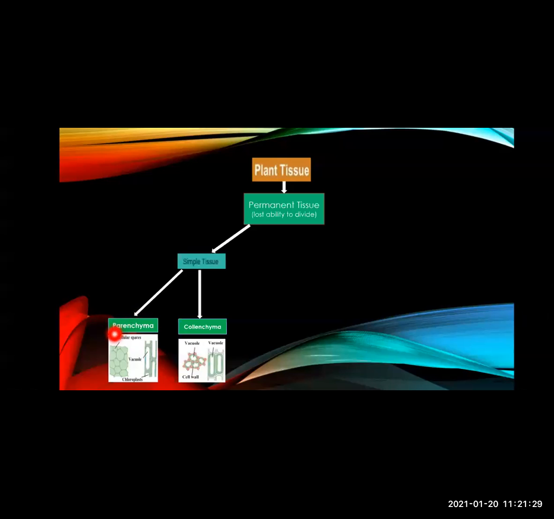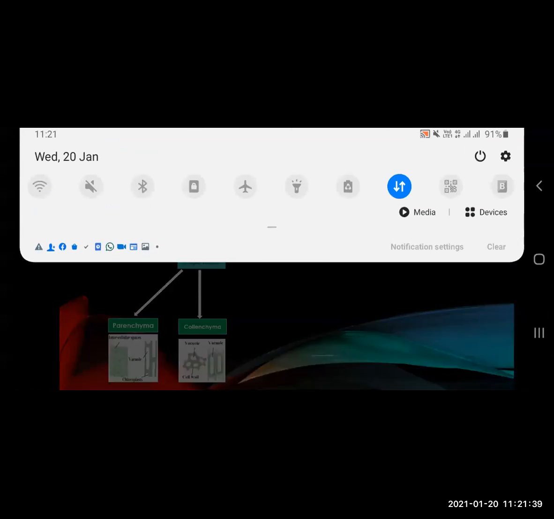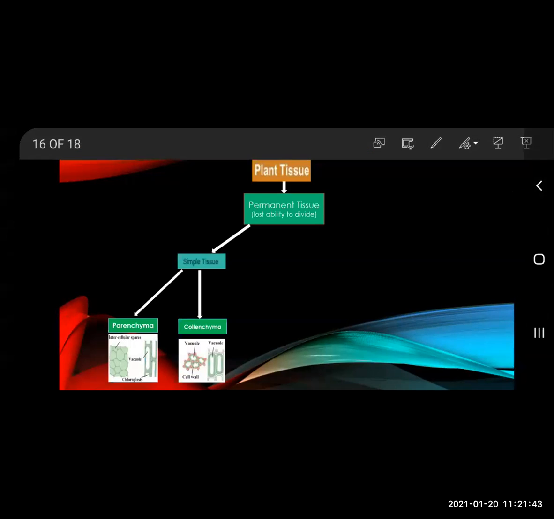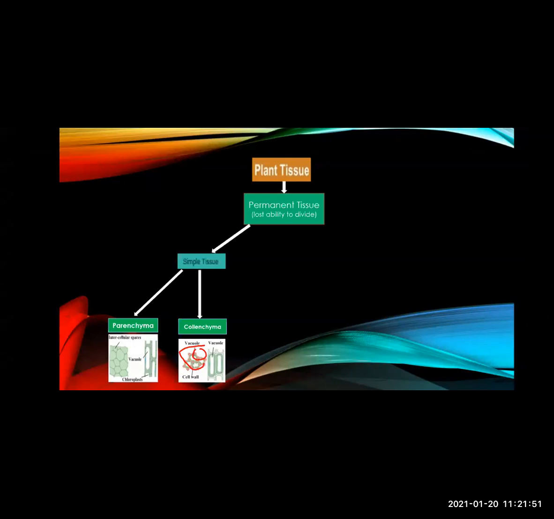Here, the cell wall is very thin, whereas here, the cell wall is slightly thickened, especially at the corners. If you observe the corners, it is thickened. Now, why is this thickened? It is because of the deposition of cellulose and pectin.